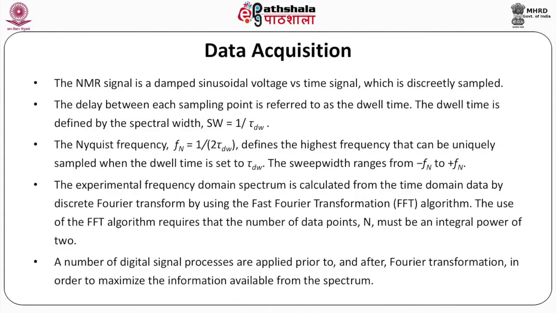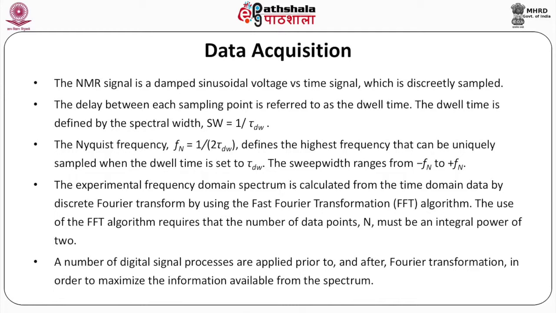Data acquisition. The NMR signal is a damped sinusoidal voltage versus time signal, and it is discretely sampled. The delay between each sampling point is referred to as the dwell time. The dwell time is defined by the spectral width SW = 1 / tau dw.